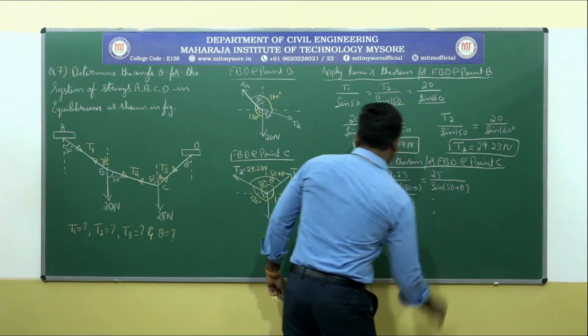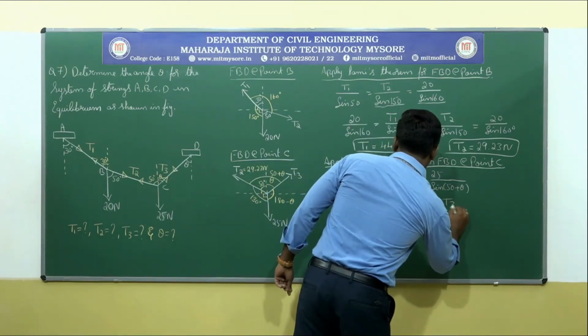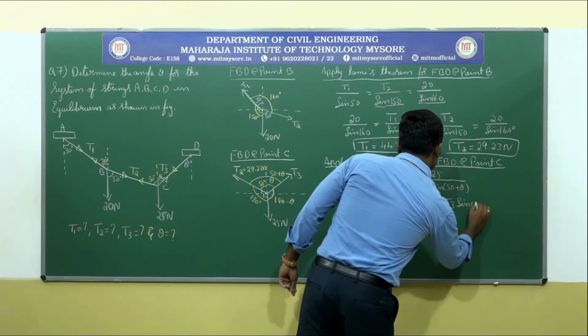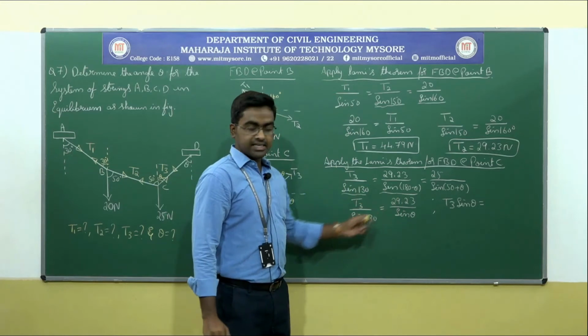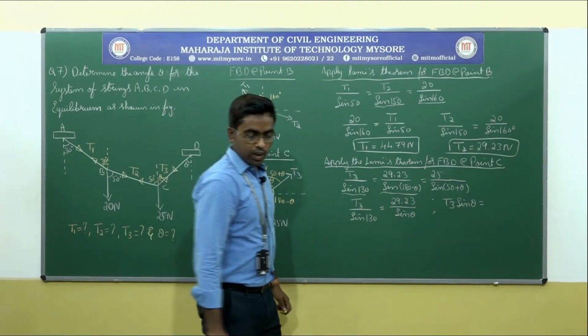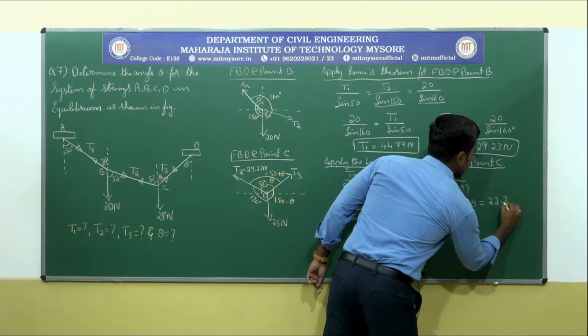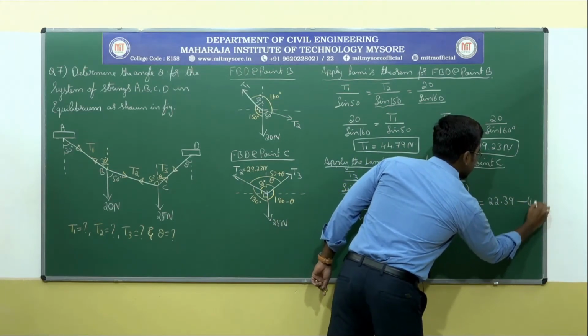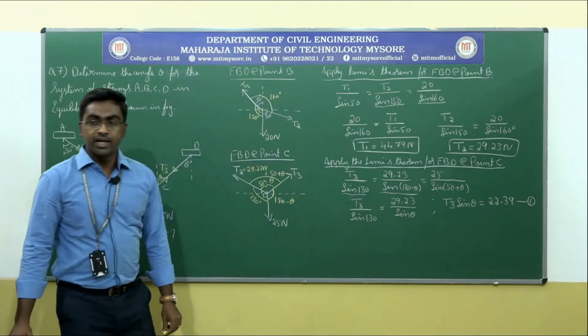So let me cross multiply this. So that is T3 sine theta will be equal to, if you simplify this, 22.39. Call it equation number 1, right?